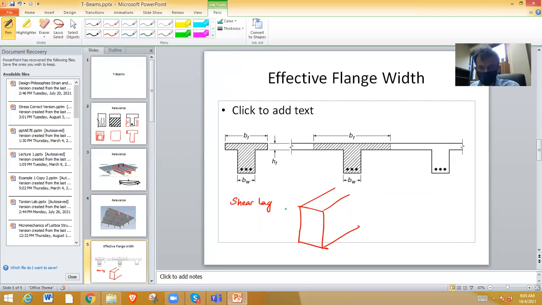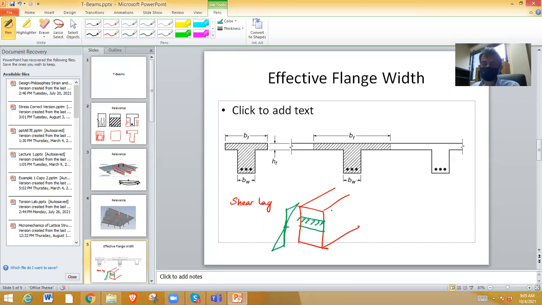You have a linear variation. If your beam is sagging, then you have compression at the top and tension at the bottom, right? If I am at a certain height above the neutral axis, then I will have a certain stress distribution. So this is what we learn, right?